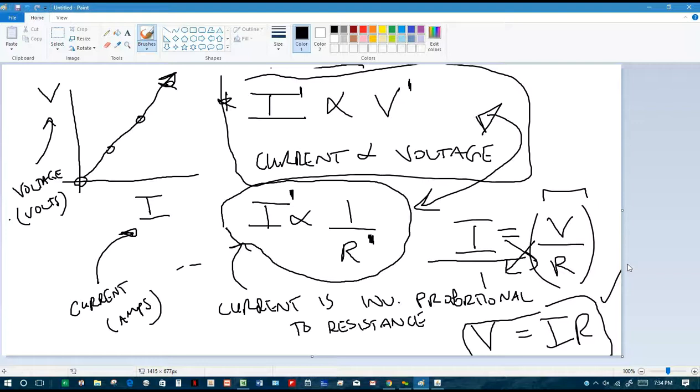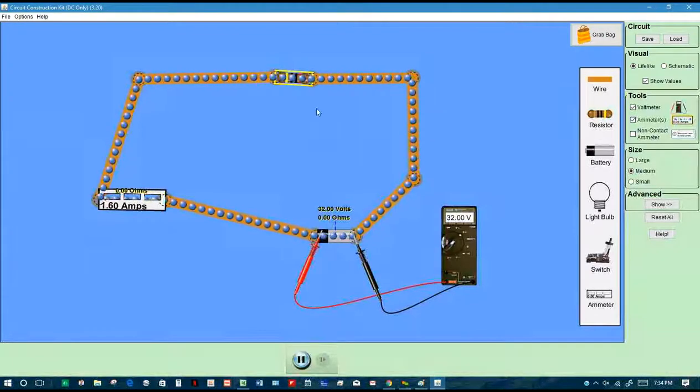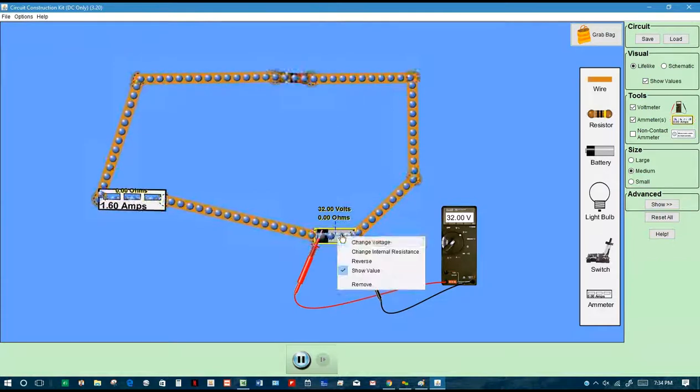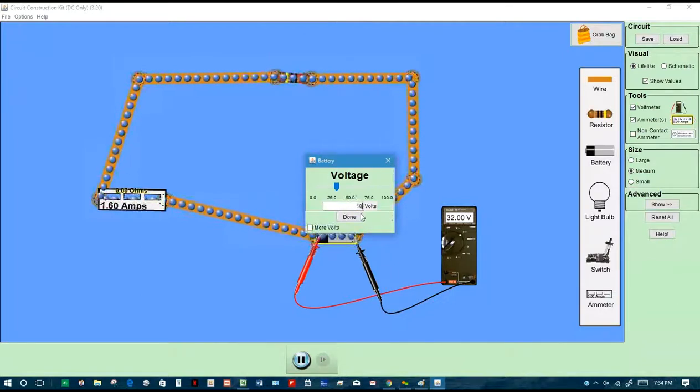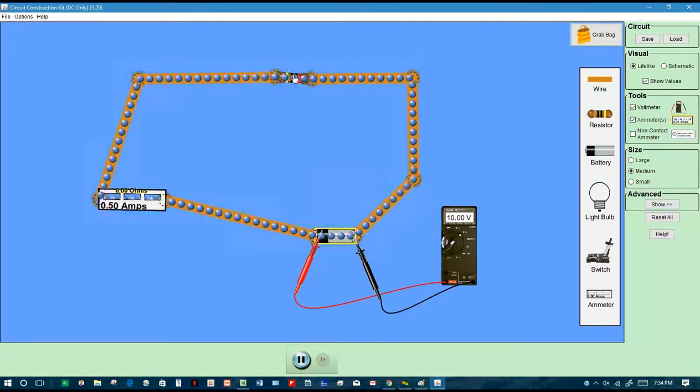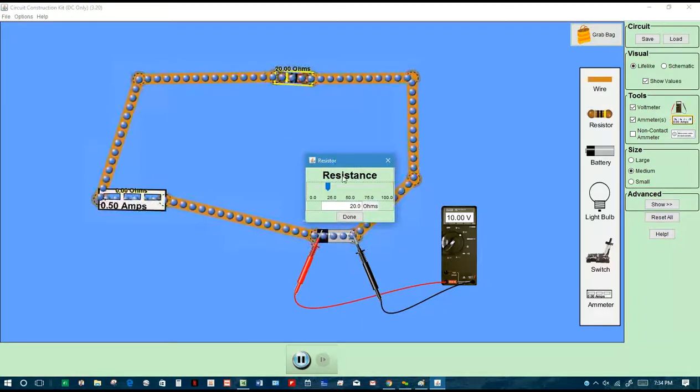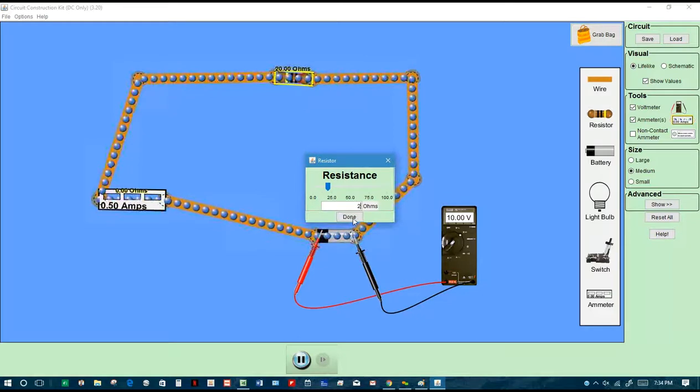Okay. So now what we're going to do is go back to our simulation, and I'm going to make these normal numbers. Let's make it like a 10 volt battery, and then we're going to make this resistor, I don't know, like 2 ohms.